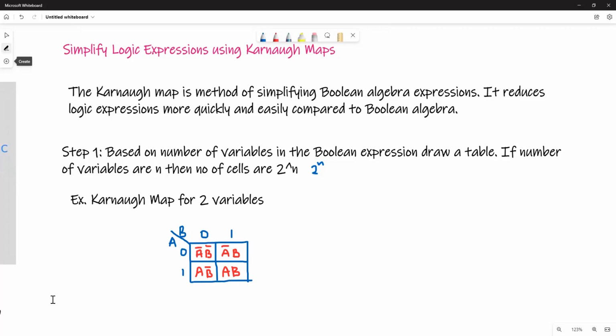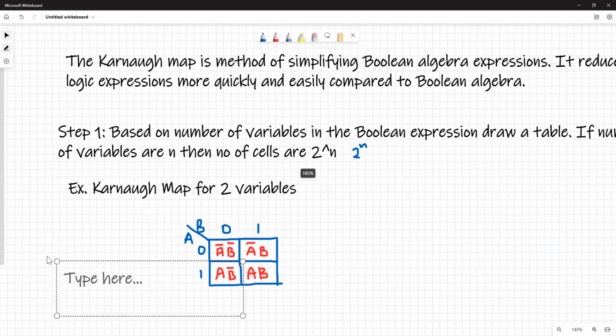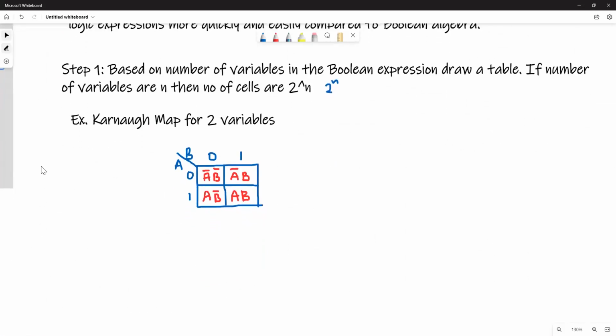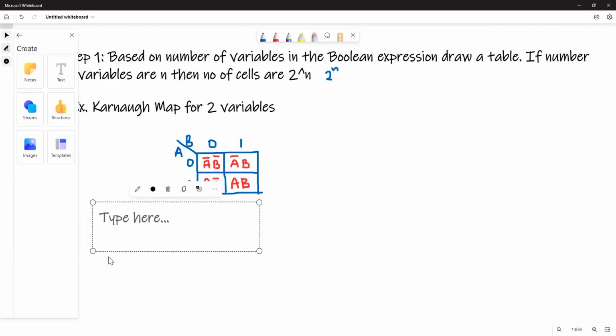Right now, another example. Next one, I'm going to have a Karnaugh map for 3 variables.